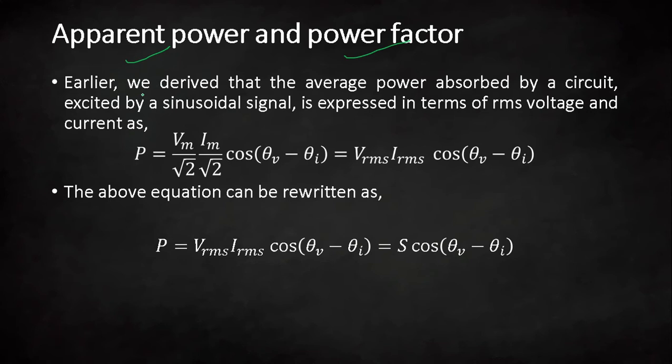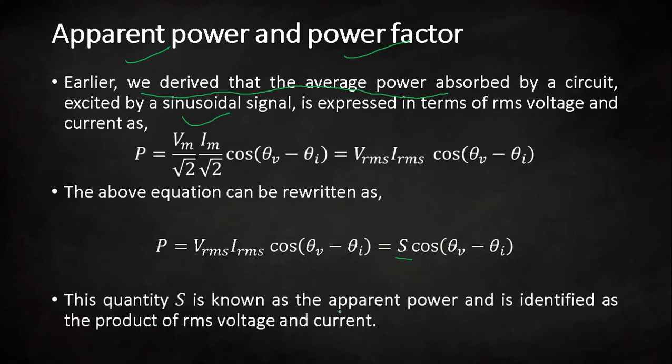So we have already derived that the average power absorbed by any circuit that is excited by a sinusoidal signal is generally expressed in terms of RMS voltage and current as P is equal to V RMS I RMS cos theta V minus theta I. Now the same equation can also be rewritten as P is equal to S cos theta V minus theta I. Here this quantity S is known as apparent power, and it is generally identified as the product of the RMS value of voltage multiplied by the RMS value of current. This is nothing but your apparent power.